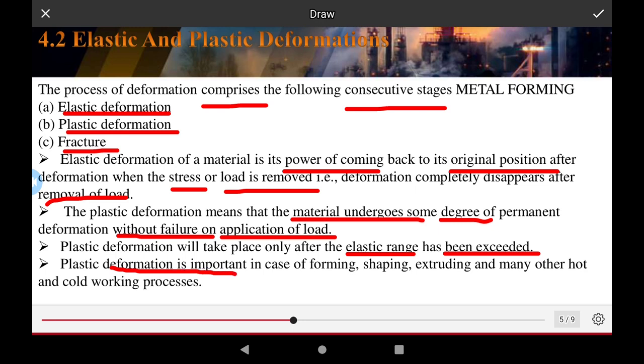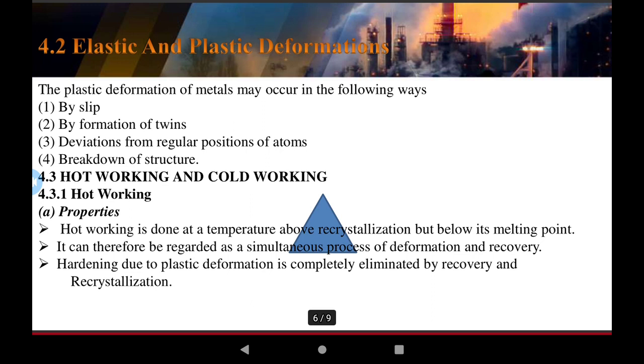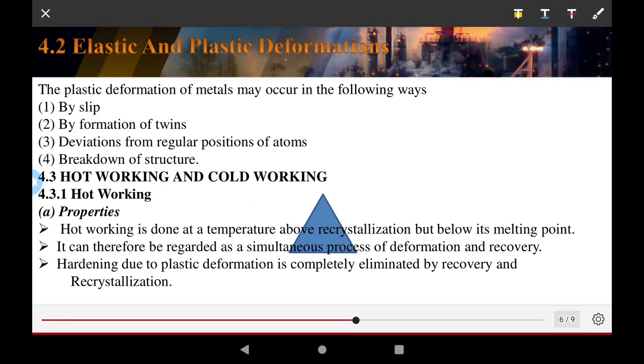Plastic deformation is important in forging, shaping, extruding, and many other hot and cold working processes.